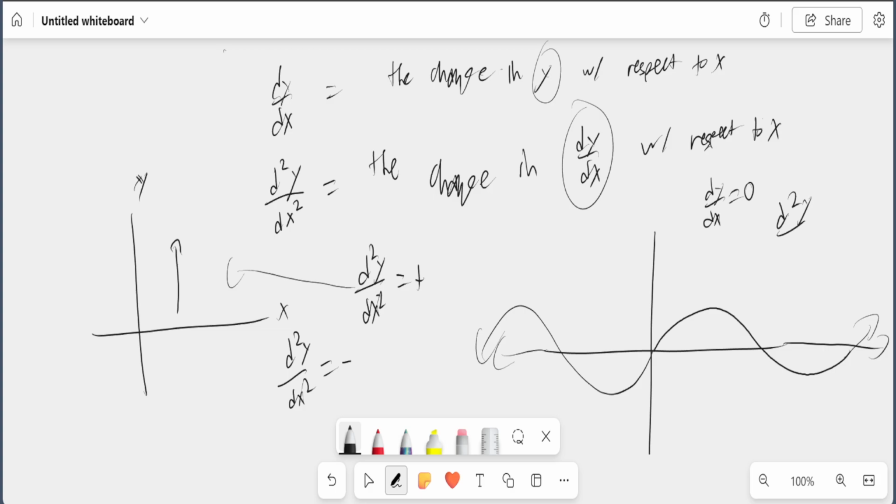When y double prime is equal to 0, we call those points of inflection. I should probably write that over there. Essentially, a point of inflection is when your y, or whatever variable you're thinking about, goes from accelerating to decelerating.